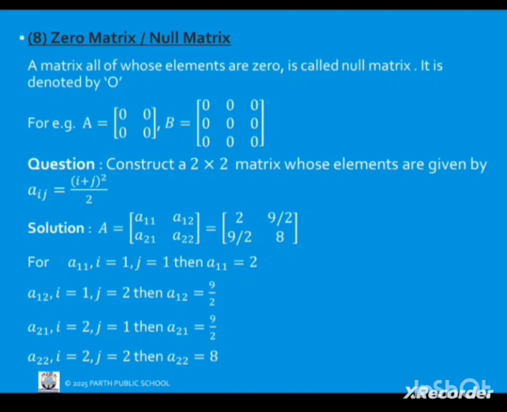It means in the given condition a_ij, we have to replace i and j by 1 1, by 1 2, by 2 1 and by 2 2. Then we will get the elements of this matrix. Now A11, as we replace i equal to 1 and j equal to 1, then we will get the value of A11 equal to 2, and A12 is 9 by 2, A21 is 9 by 2 and A22 is 8.